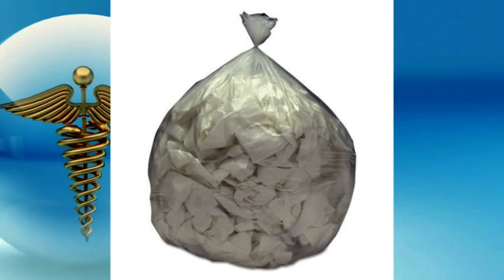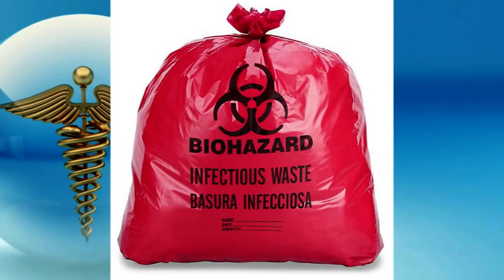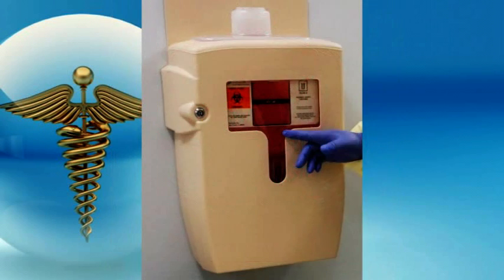Regular trash, collected in clear trash liners. Biomedical trash, collected in the specially marked red trash liners with the biohazard label. Sharps containers, collected in the wall-mounted, sealed boxes, specially designed for safe disposal of needles and other disposable sharps. Never mix these separate types of waste.